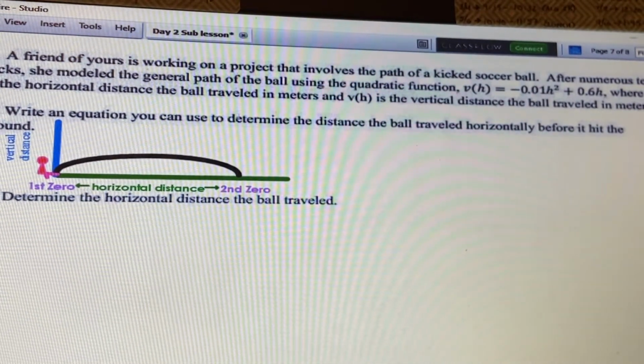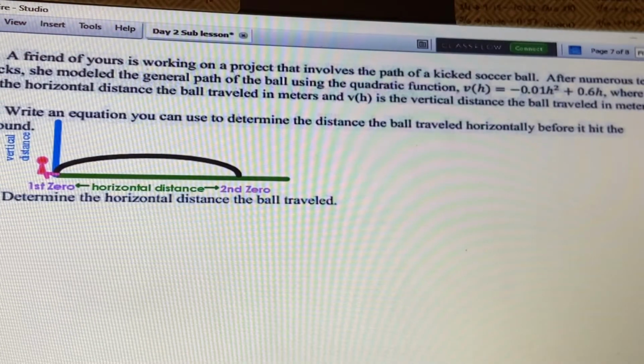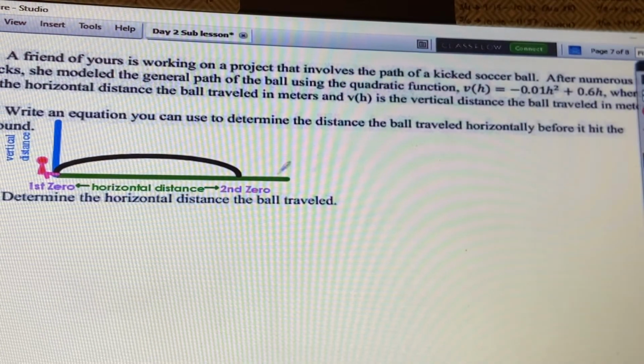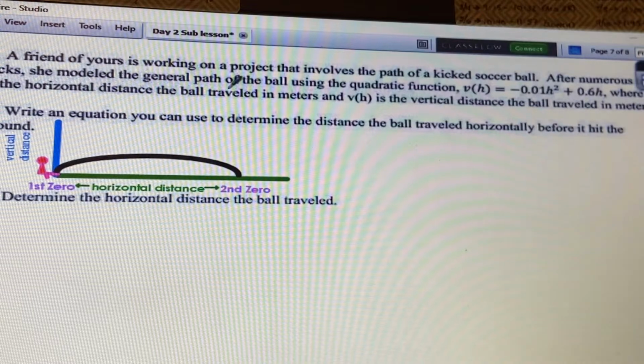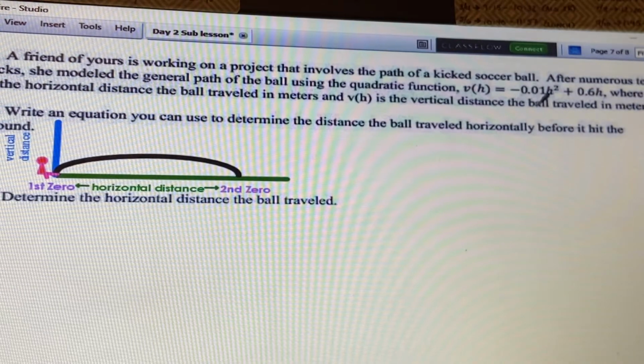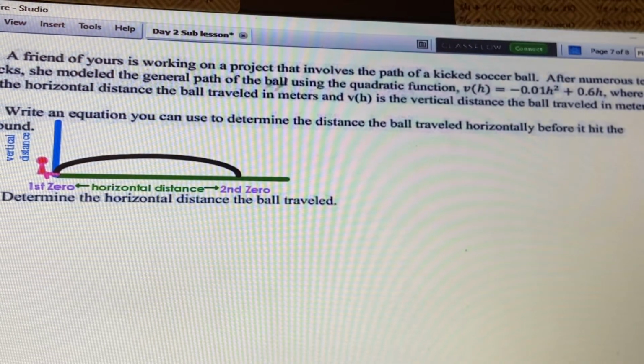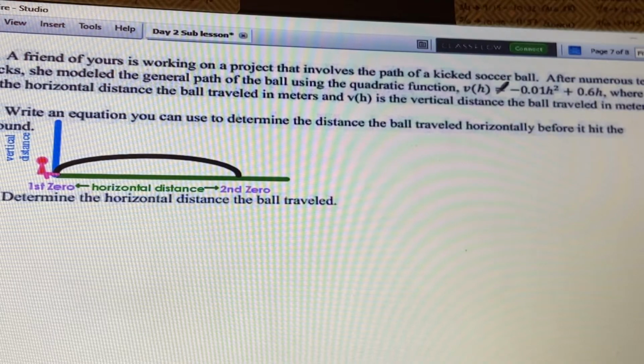Working on a project that involves the path kicked by a soccer ball. This is my poor representation of that situation. After numerous kicks, she modeled the general path of the ball using the quadratic function v of h equals -0.01 h squared plus 0.6 h, where h is the horizontal distance.